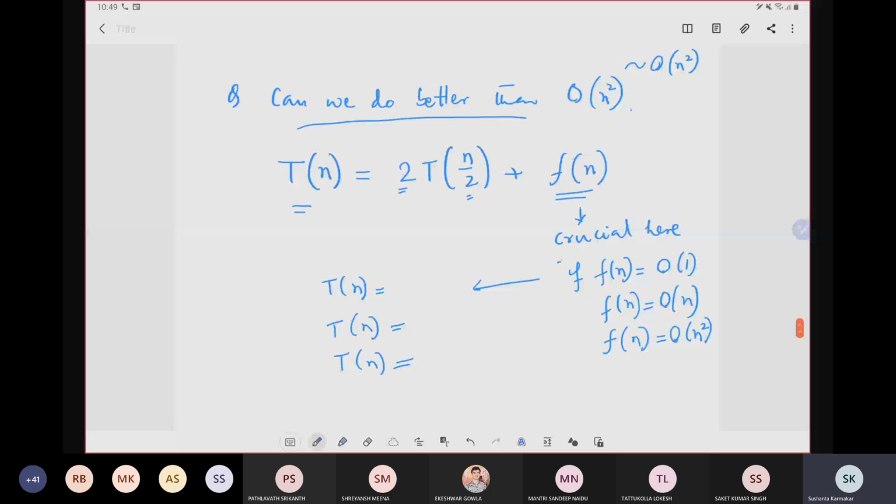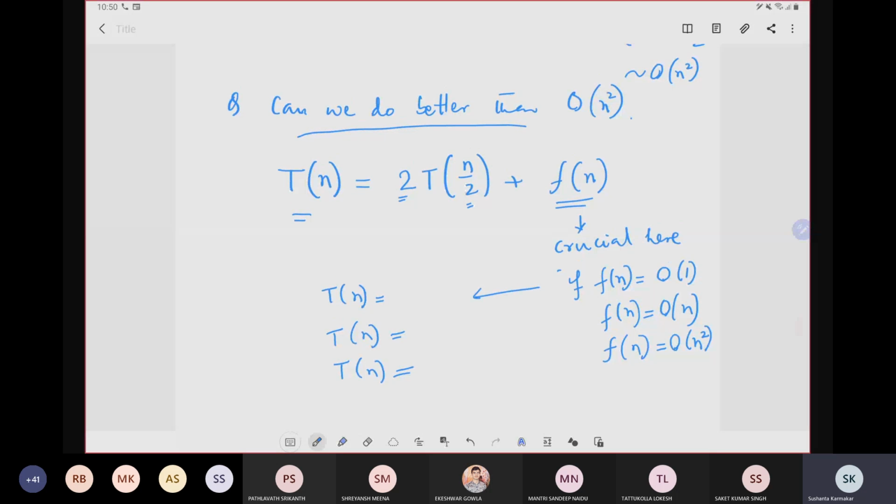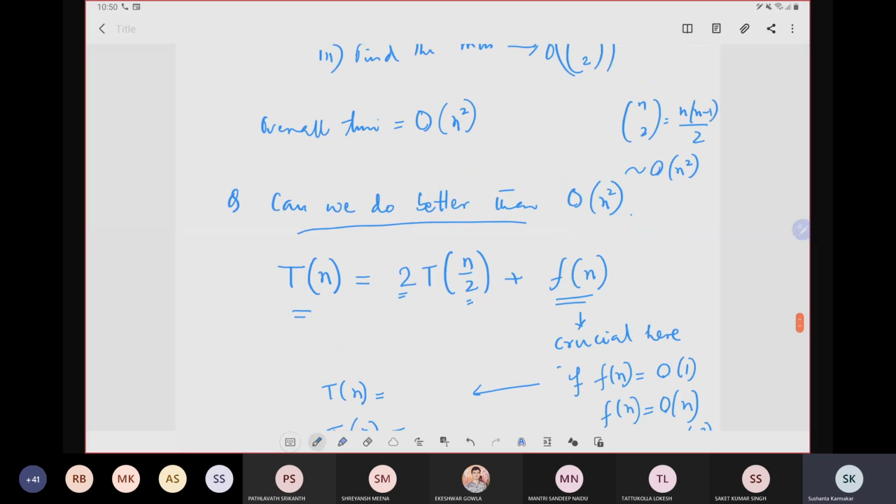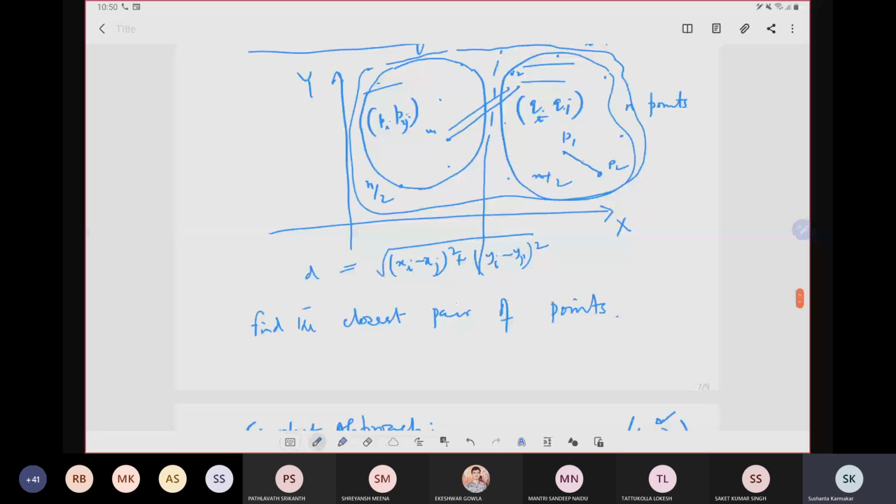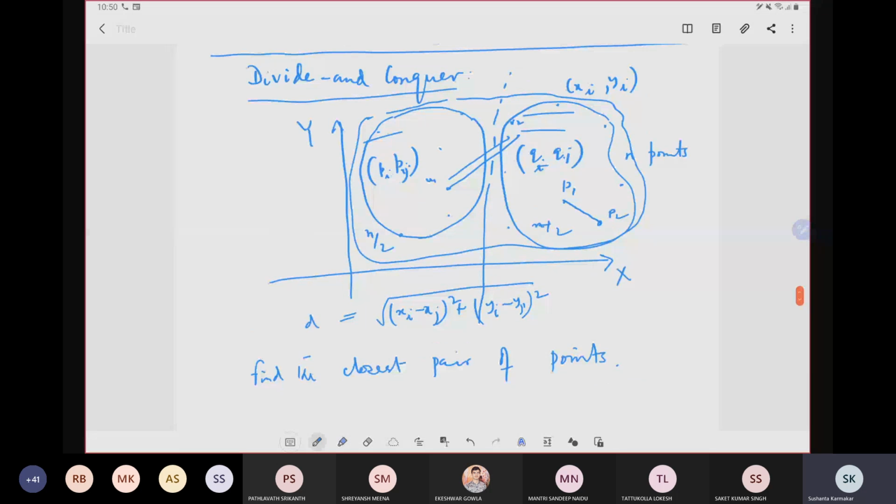So the idea is this: I will try to divide the problem into smaller parts, like n by 2 size approximately, and then I will join the individual solutions to get the overall solution. To be very specific, suppose I have somehow got the closest pair in the smaller region. This does not automatically mean that the closest pair of the whole region will be either this or this.